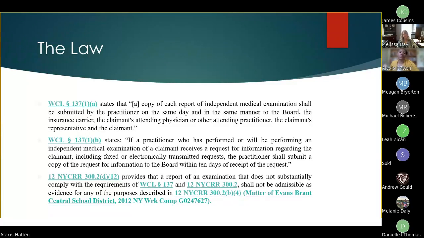And then 300.2 B12 states that a report of an examination that does not substantially comply with those requirements shall not be admissible as evidence for any purpose described in 300.2 B4, which is things like causal relationship, permanency, degree of disability, need for treatment, things like that.